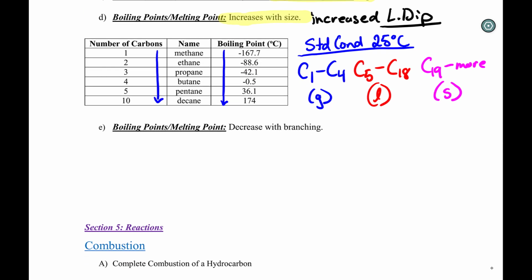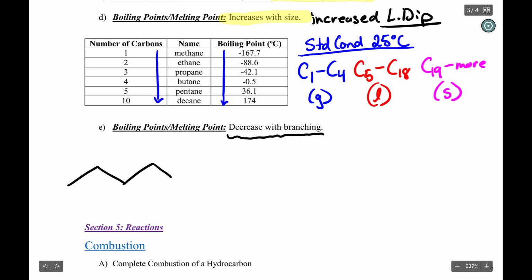Something you should keep in mind, although it's not a very important detail at this level yet, is this. Melting points and boiling points will decrease with an increase in branching. So for instance, let's say we took something like pentane again.